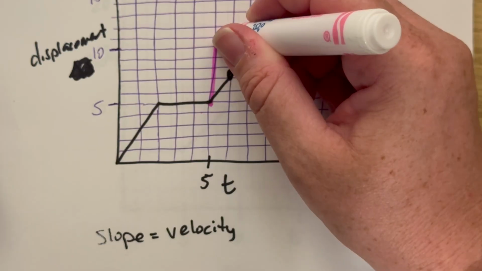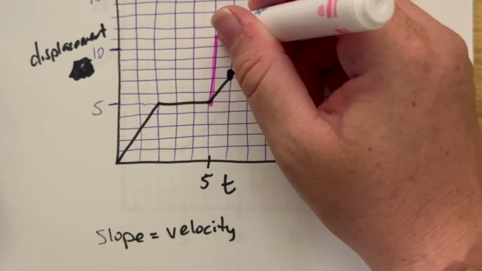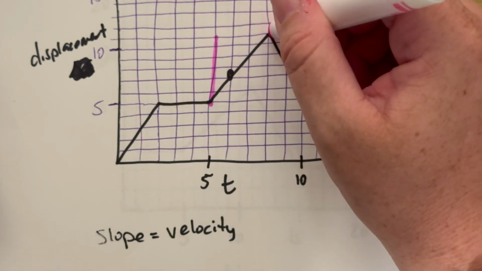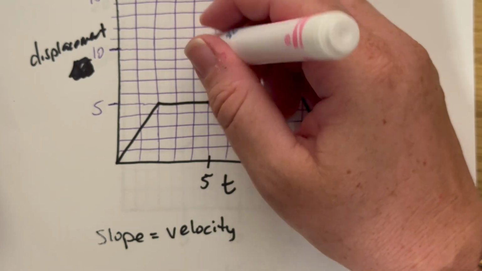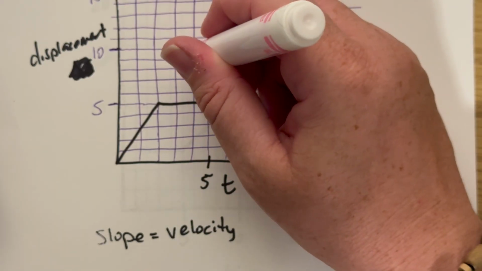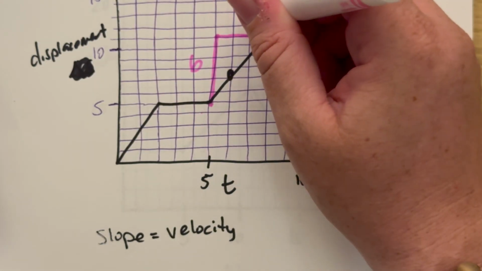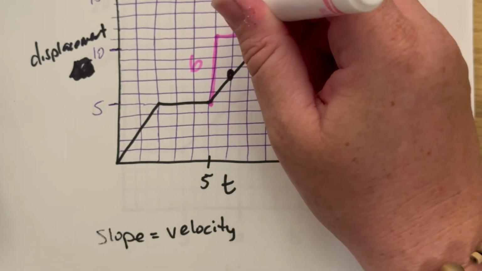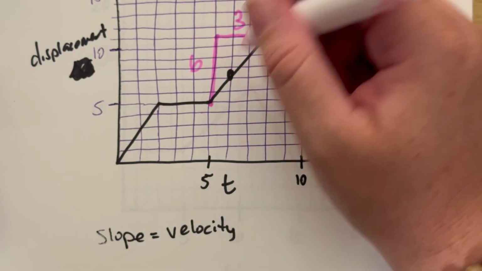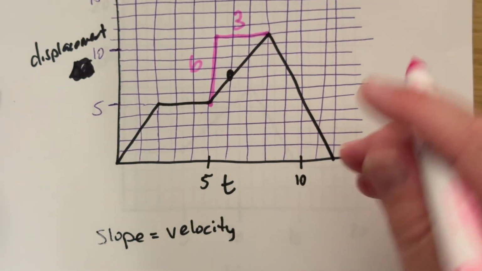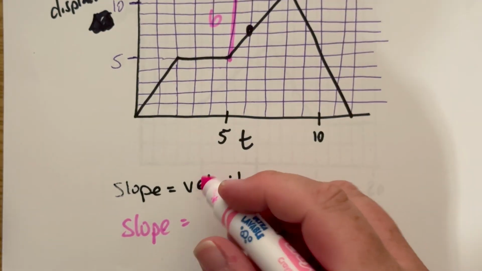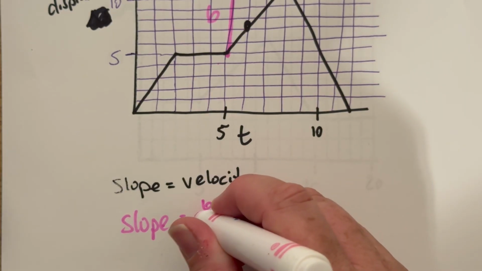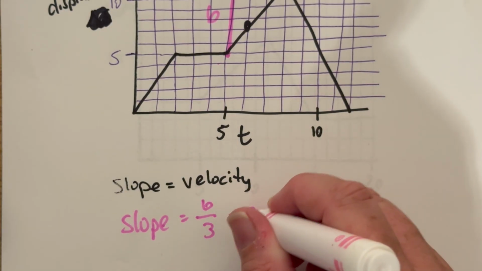Well, I'm at 5 and I go up to 11, and then I am at 5 here and I go over to 8. So my rise ends up being, it's going up 6. And my run, 1, 2, 3, ends up being 3. So the slope of this line here is, my slope is equal to a rise of 6 over 3 equals 2.